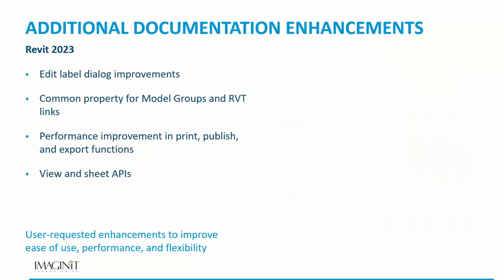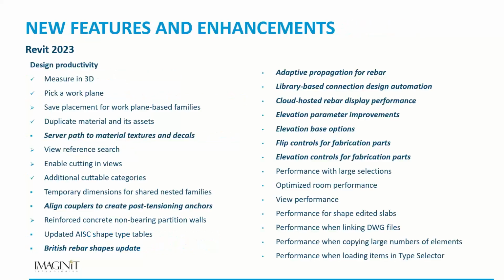So there's a lot of additional features in here. There have been all kinds of things that I wasn't able to go through, but this is a very robust release from Autodesk, 2023. Like I said, there are many features that I didn't get to. I talked about all of the steel shapes being put in.